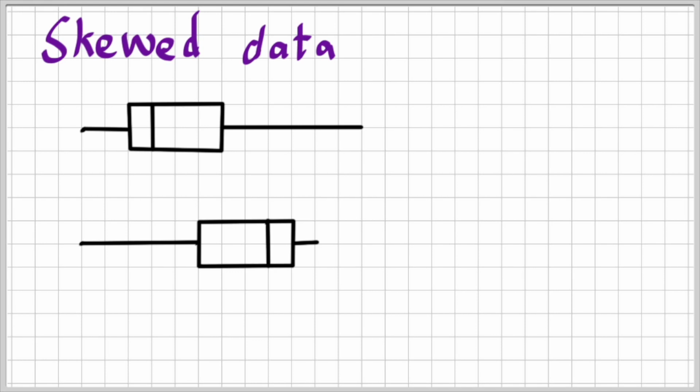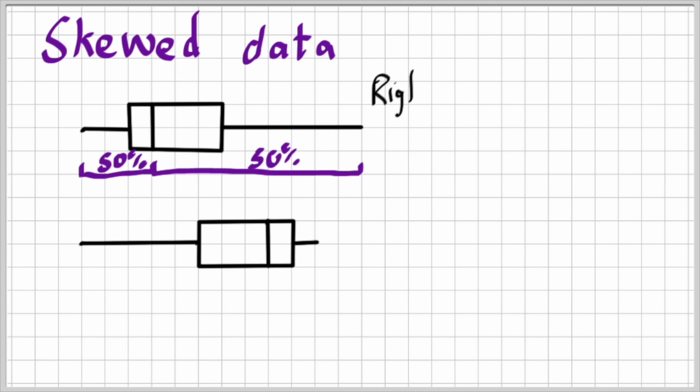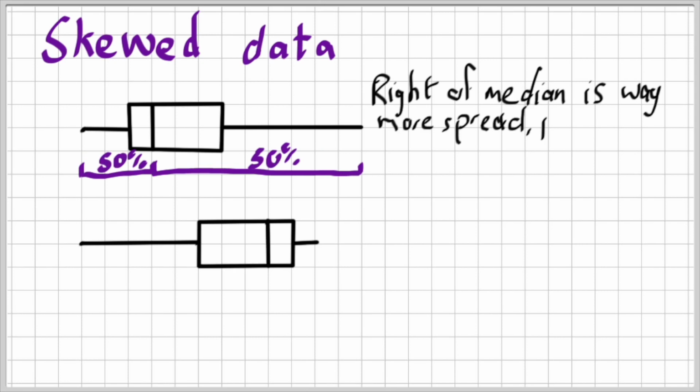If I look at this top one, I want to ask you, which half of your data set is more skewed, is more spread out? Well, the bottom 50% is that little piece, while the top 50% is that huge space. Kind of giving it away there. To the right of the median, my data is way more spread out, okay? Way more spread out, which means that it pulls the mean to the right because of these huge numbers.